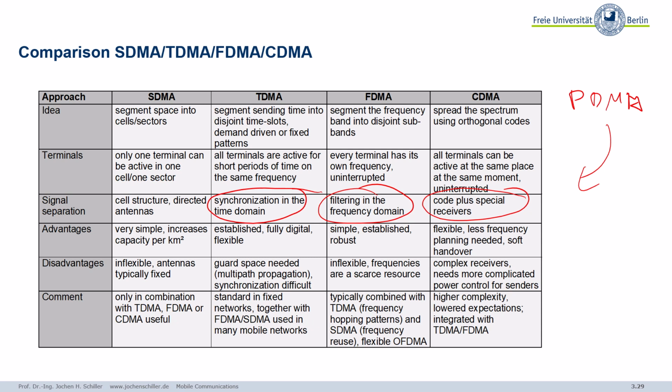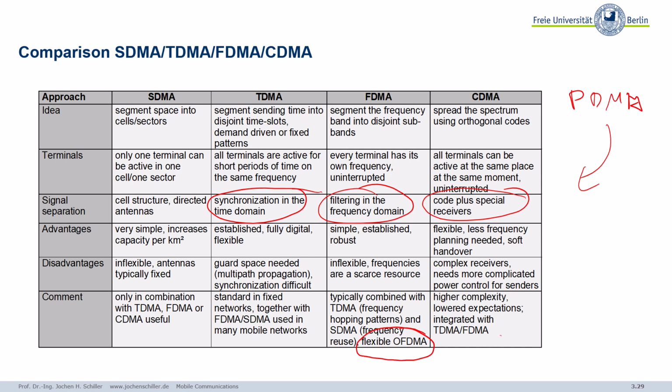So for flexibility, with a simple SDMA scheme, you have antennas separated. For TDMA, you need precise synchronization for higher data rates. For FDMA, it's not as flexible, but you can combine it. I talked a bit about OFDMA. That's, for example, a combination.